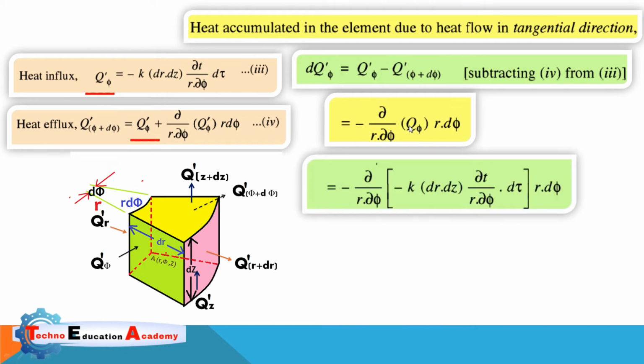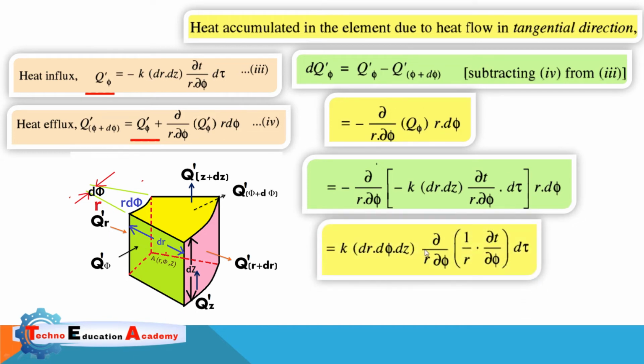So here we will put the value of q dash phi. So equal to minus del by r del phi in bracket, the value of q dash phi equal to minus k dr into dz del t by r del phi into d tau, and this term is already there. Further we will simplify this equation.